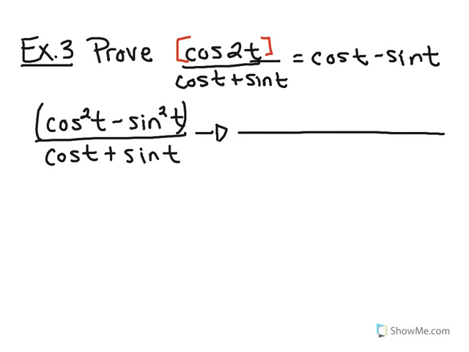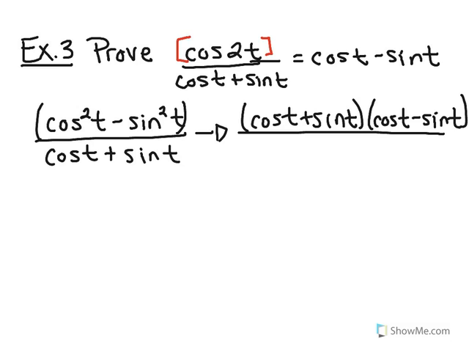So keep in mind, I can rewrite this, if this is a true difference of perfect squares, as the cosine of t plus sine t times the cosine of t minus sine t. That's difference of perfect squares. That should be familiar to you, not even from Algebra 2, but from Algebra 1 as well.